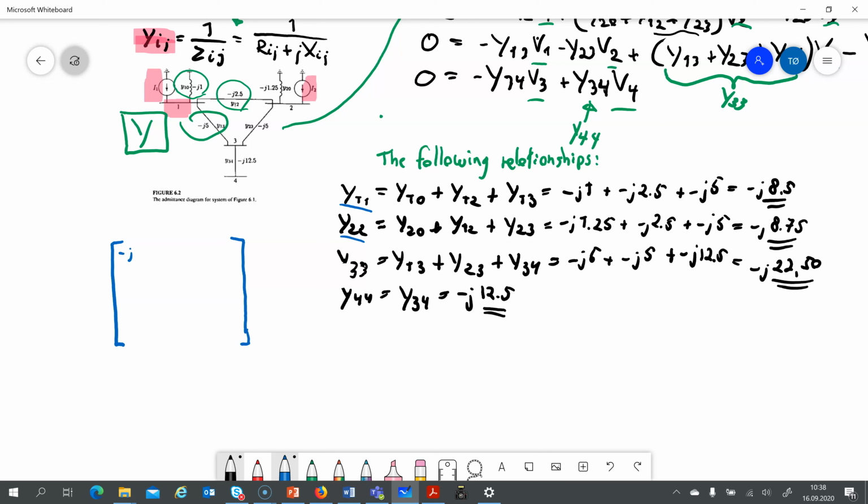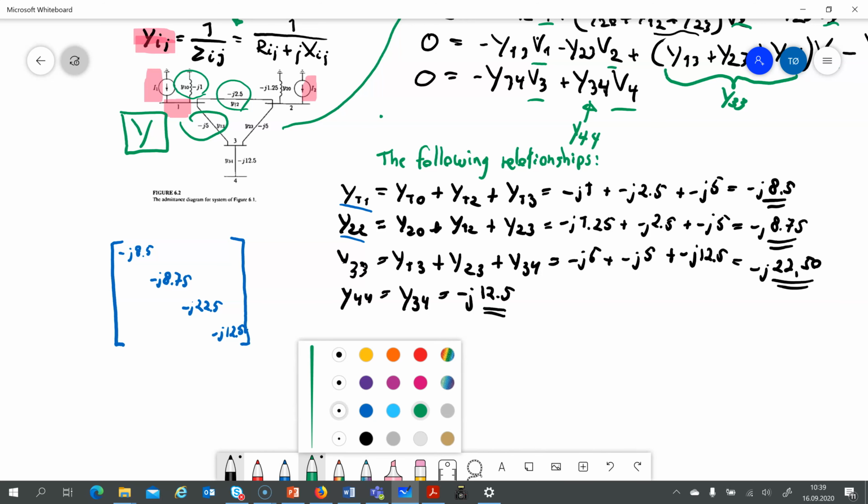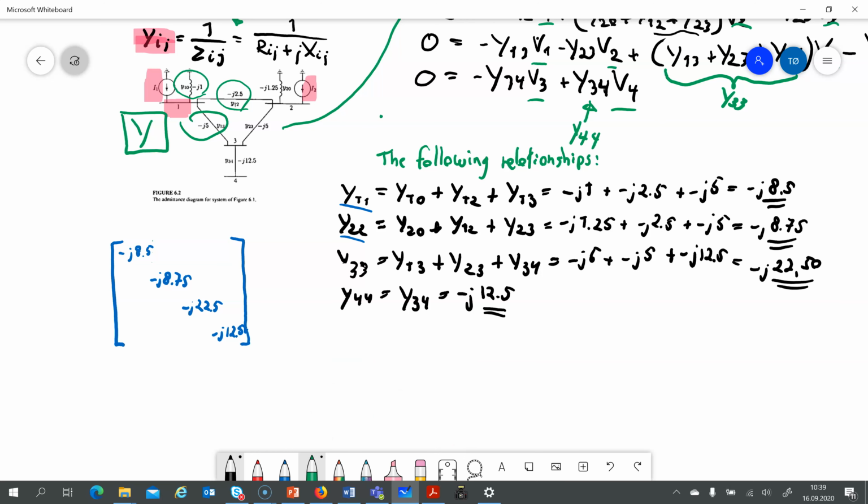So minus j8.5, then minus j8.75, then minus j22.5, then minus j12.5. Let me take a small pen here and try to divide these matrices.